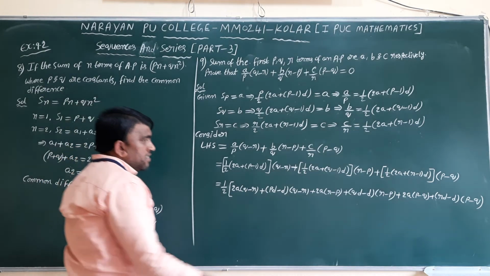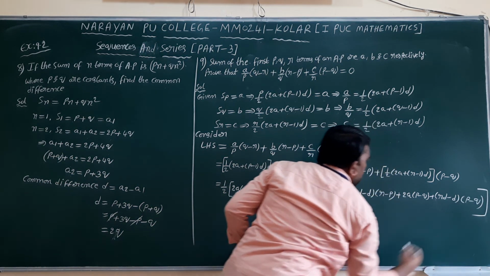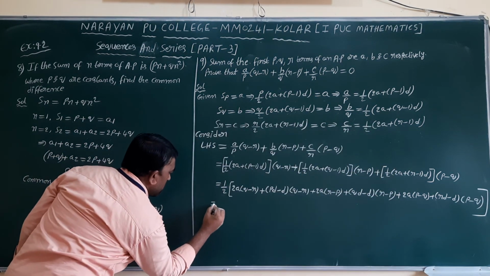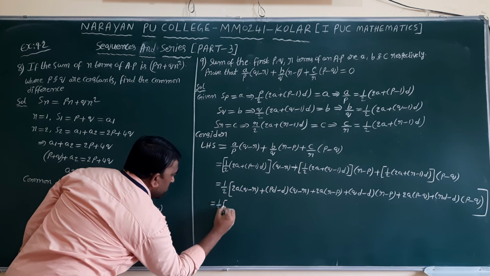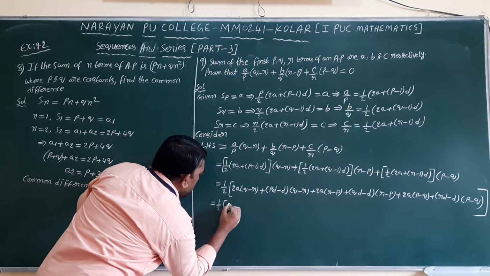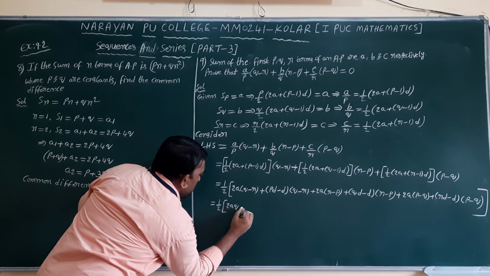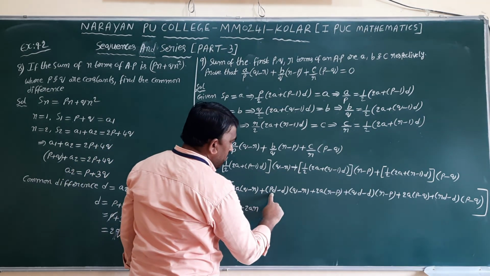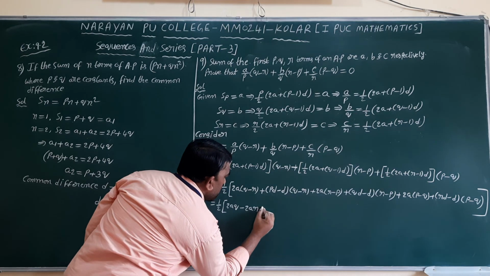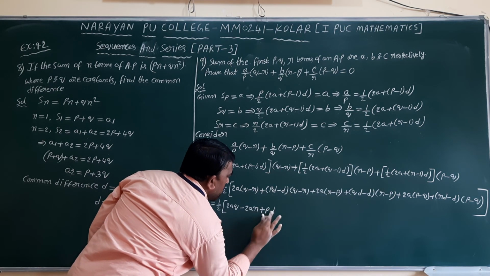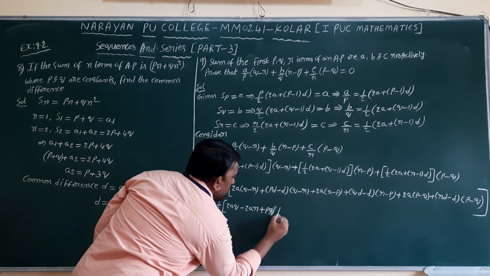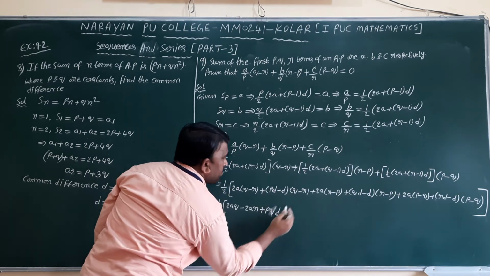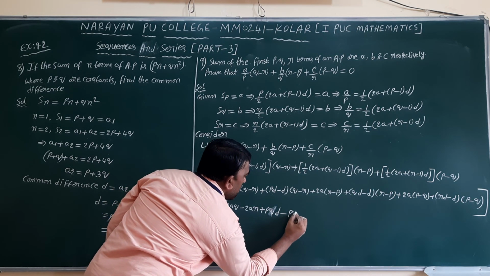Now multiply each term. 1 by 2, 2a into q is 2aq, minus 2ar. Next pd into this term: plus pqd minus prd.